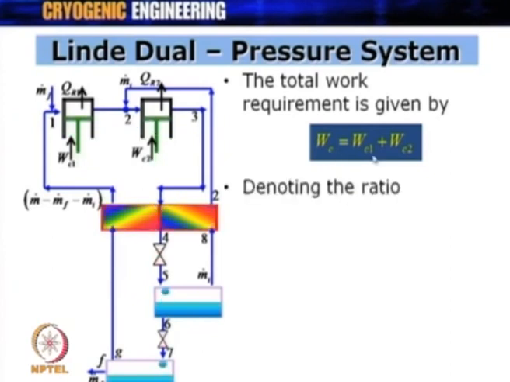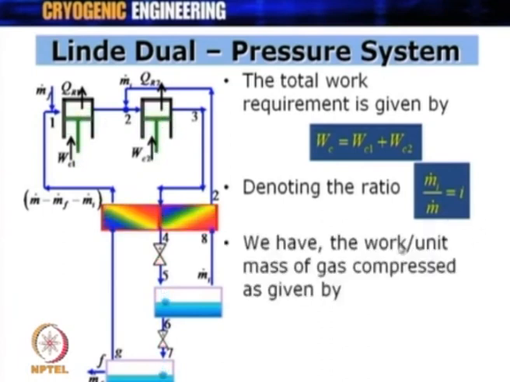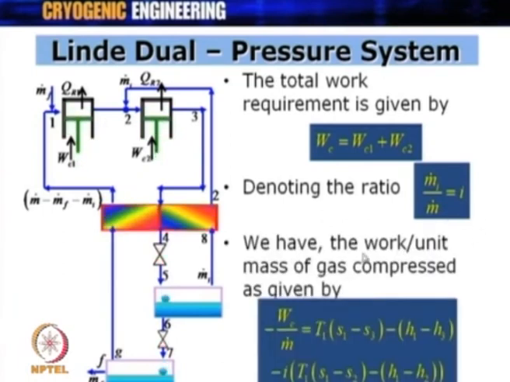Now, if we add both the expressions together and put the value of I in that expression, we get work per unit mass of gas compressed, Wc by m dot, as T1 into (S1 minus S2) minus (H1 minus H3), as if the whole thing is getting compressed from 1 to 3, which is what we saw in the expression for Y. In a similar line, you have the expression for Wc by m dot.